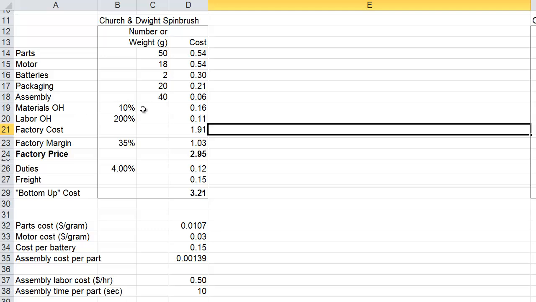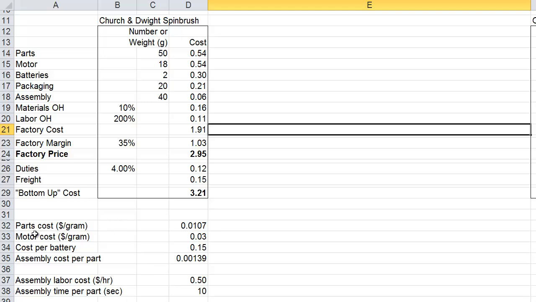And so what I've assumed here is that materials overhead is 10% of the actual materials cost. Labor overhead is a different matter. This includes supervisory labor, and in the case of China, it includes housing, food, other costs associated with managing the workforce. And then lastly, I make some assumptions here about some cost rates.